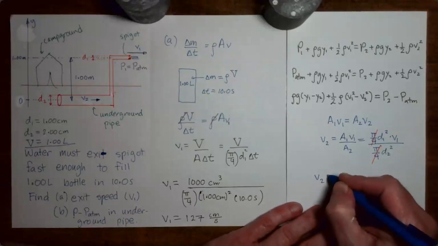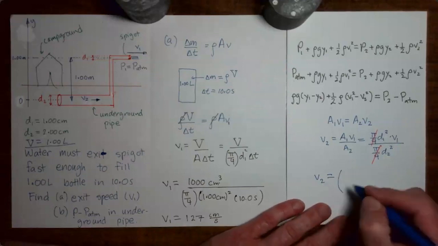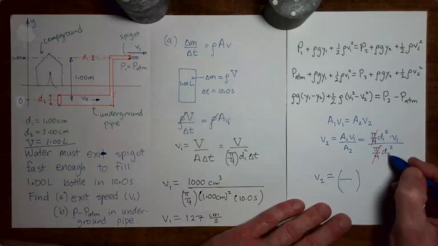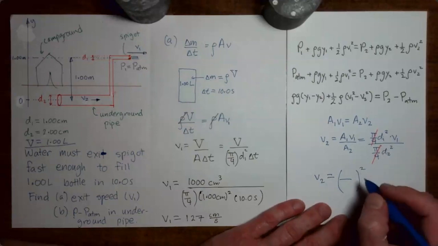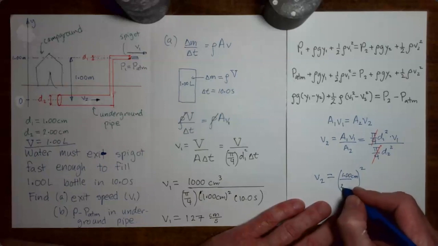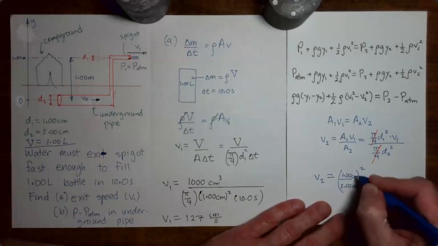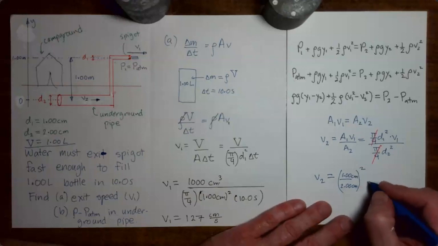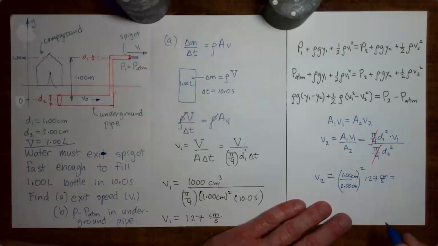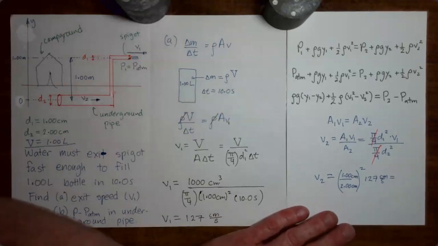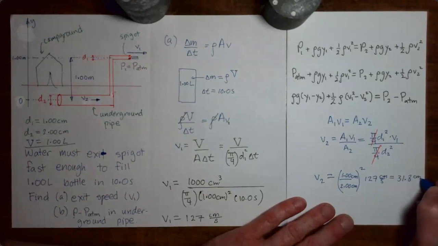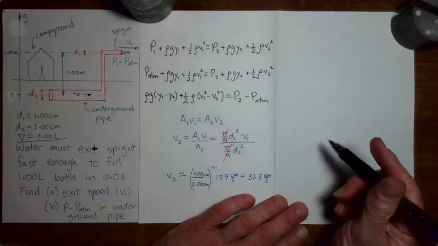We then have V2 equals, I'm going to write this as D1 over D2 quantity squared. So 1 centimeter over 2 centimeters, quantity squared and multiplied by V1, 127 centimeters per second, equals 31.8 centimeters per second. Now let's put everything together.